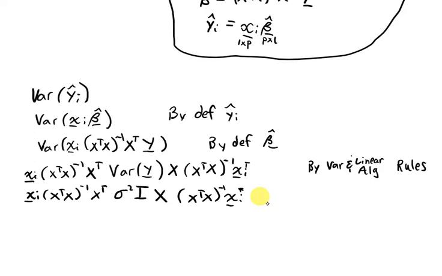We are able to do this by our assumptions. It's what we assumed in the beginning. Sigma squared is just a constant, so we can move that around. It's not a vector, it's not a matrix, so by linear algebra rules, we can just move it over here.